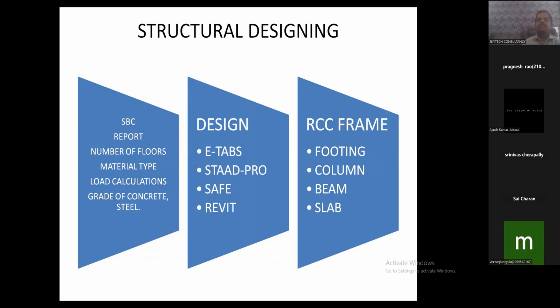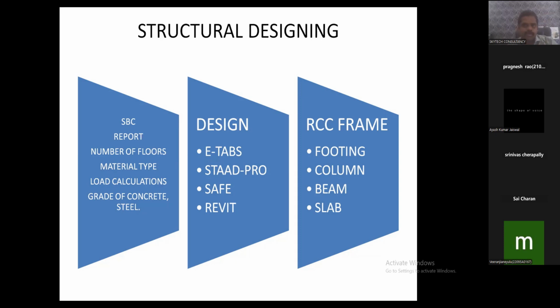The structural engineer or civil engineer will start working on the structural designing of a structure. For the basic structural designing, he needs an SBC report, the soil bearing capacity, what kind of soil, and the number of floors.